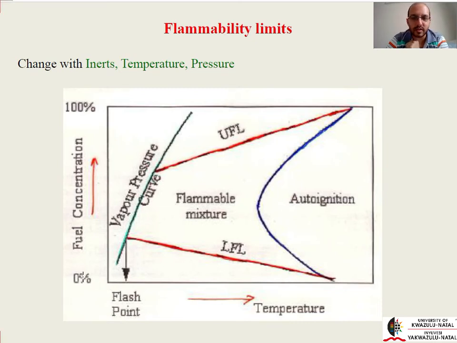Essentially, in order to burn something, you need a fuel and you need oxygen. In general terms, you need fuel and oxygen, and that fuel has to go beyond the vapor pressure curve. This is your vapor pressure curve here. Anything to the left, and you won't really have a flammable mixture. So you need some of that compound to actually cross this vapor pressure curve in order to get into this region here, which is your flammable mixture region.